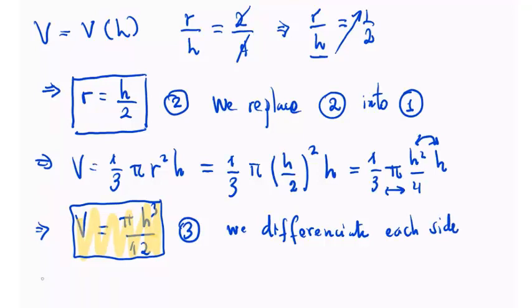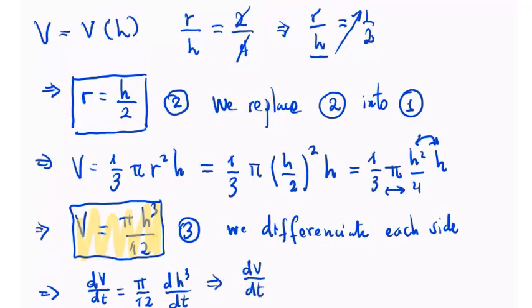We get dV/dt is equal to pi over 12 times d(h cubed)/dt.